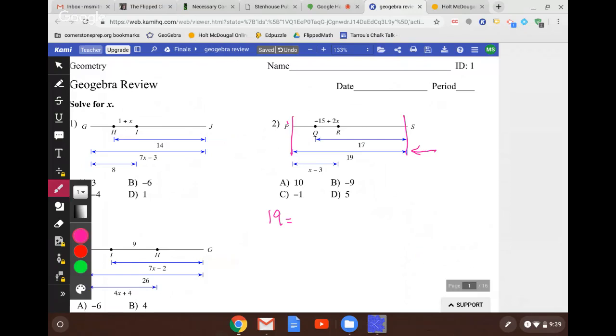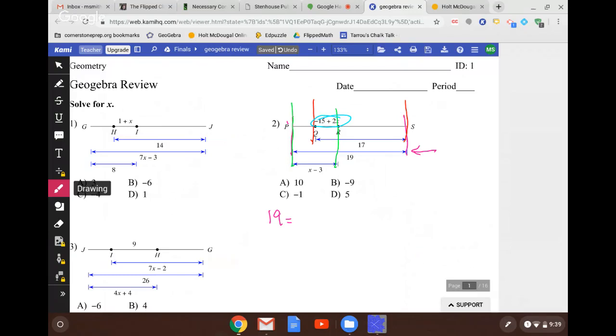Now, when we look at these parts of it, we have this x plus 3, which goes up to here, okay? And then we also have 17, which goes here and here. So what we end up with is this section here is duplicated because it's included in the green section and in the red section, okay?